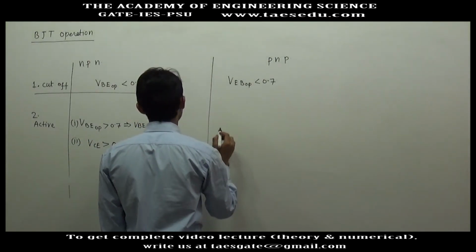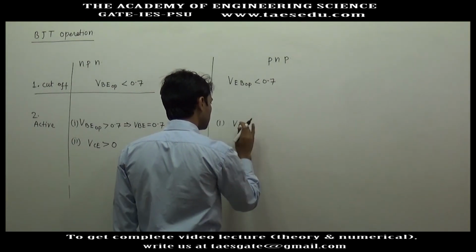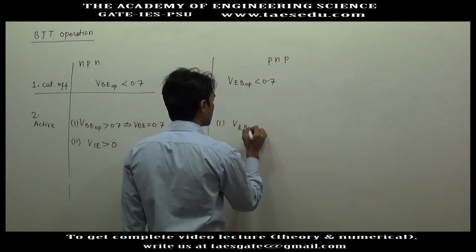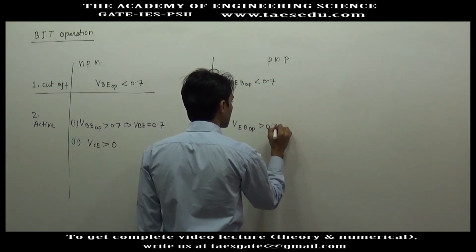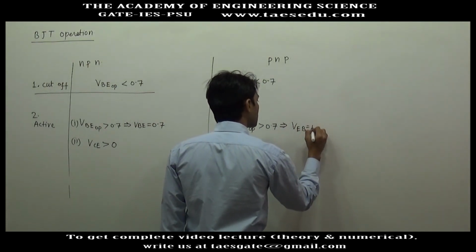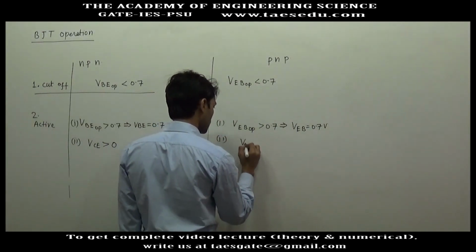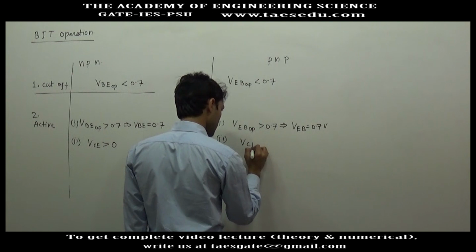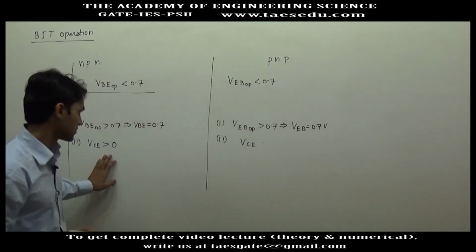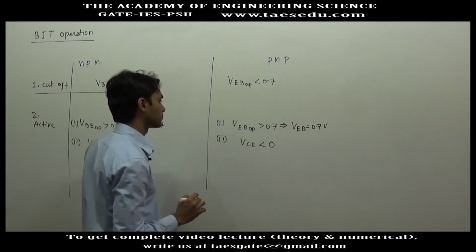In case of PNP transistor, the first condition is VEB open circuited must be greater than 0.7 volt. This means VEB will be equal to 0.7 volt. And the second condition is VCE must be less than 0, whereas in the NPN case VCE must be greater than 0.